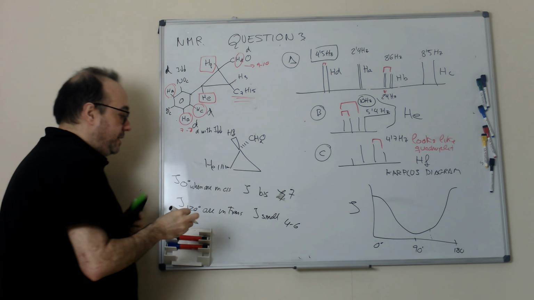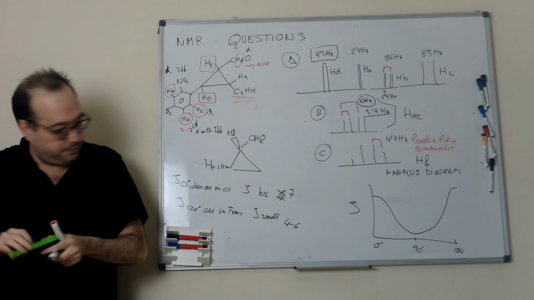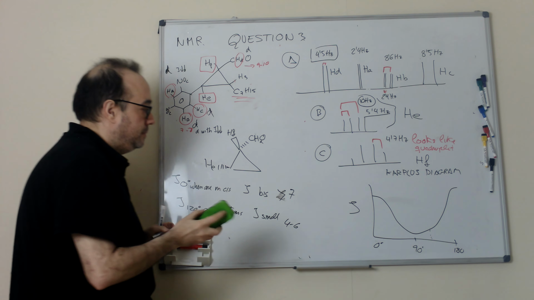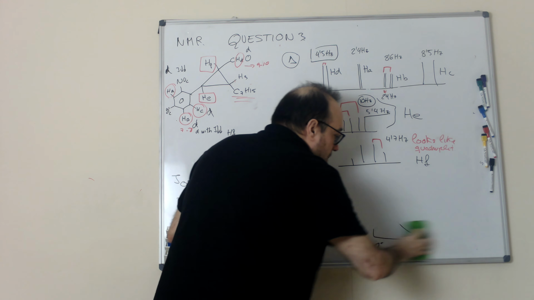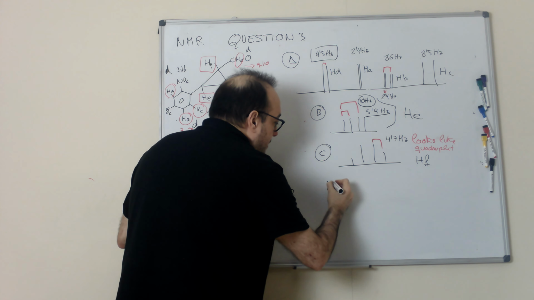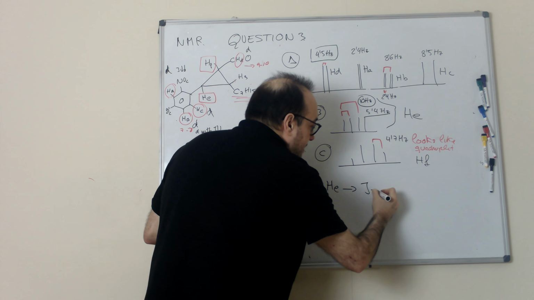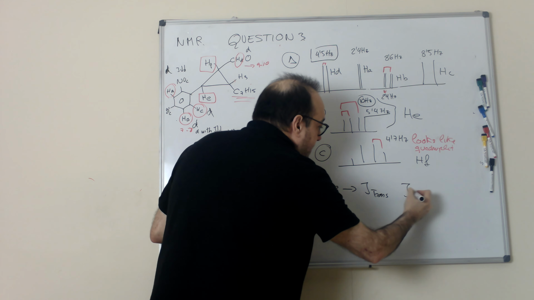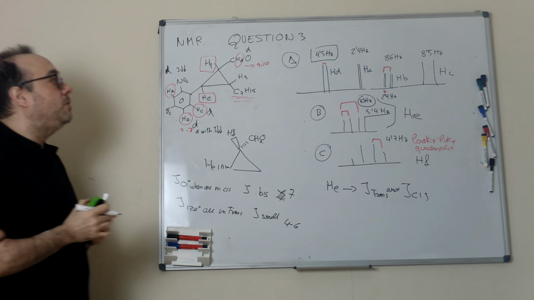That means that HE, if I remove the Karplus diagram, we get all the information of the Karplus diagram. We know that HE is coupling with a J trans and with a J cis. Okay, one coupling is trans and one coupling is cis.